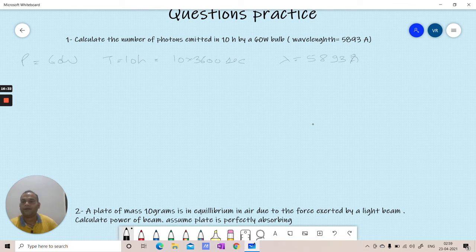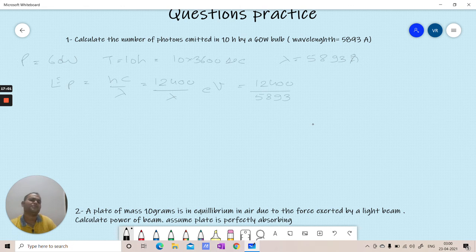So now, energy of one photon is hc by lambda, or we can write it as 12400 upon lambda in electron volt. So we can write it this way also: 12400 upon 5893.